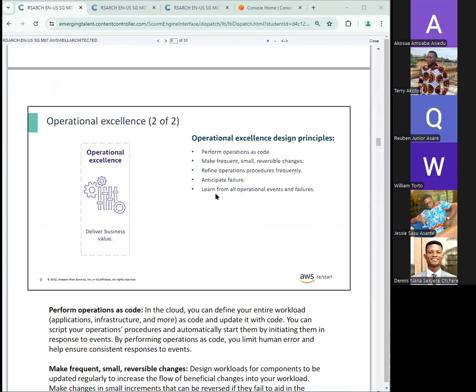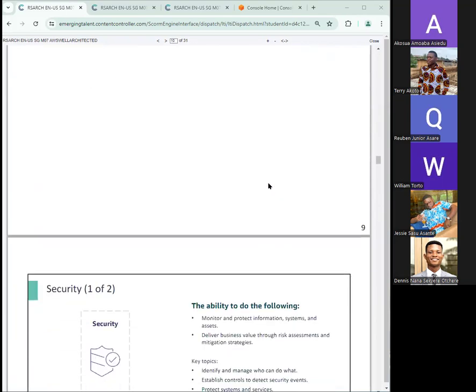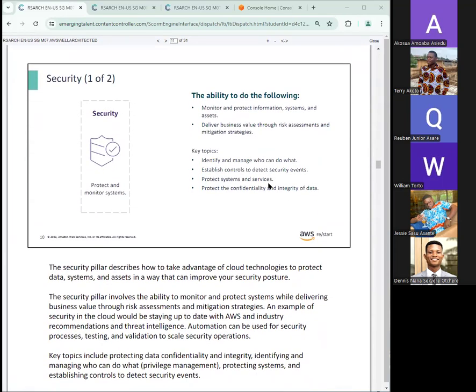So if you understand the design principles under the pillar, that would be a prompt for you to know which pillar that design principle is referring to. So with the help of you guys, we're able to go through the various pillars, and we're also able to look at the design principles under each of the pillars.